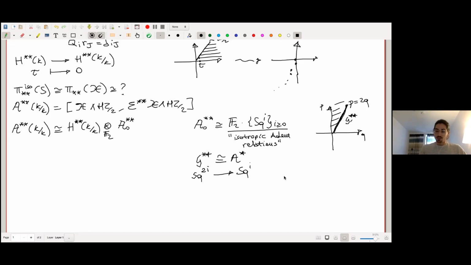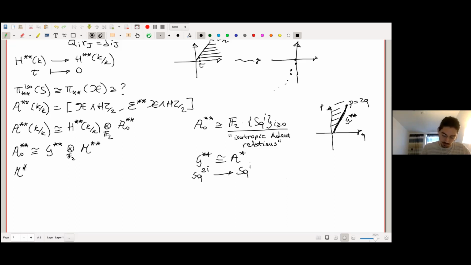Okay, perfect. And then we can give a description of this A0, which is just the tensor product over F2 of this subalgebra G, concentrated on this slope line, with this Milnor subalgebra.